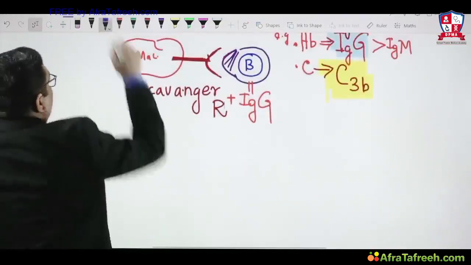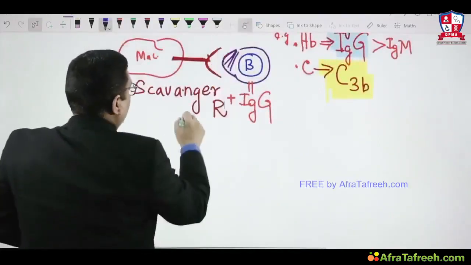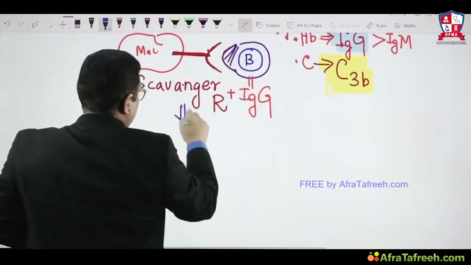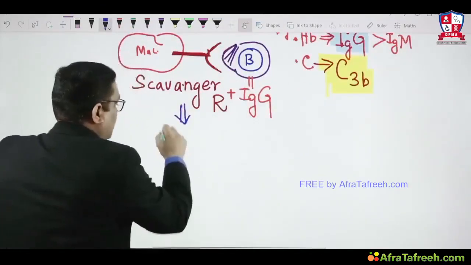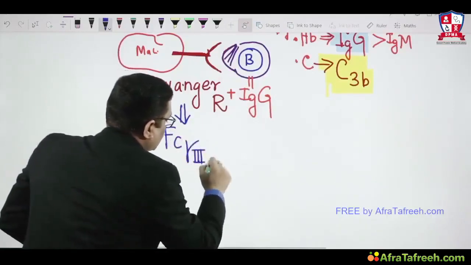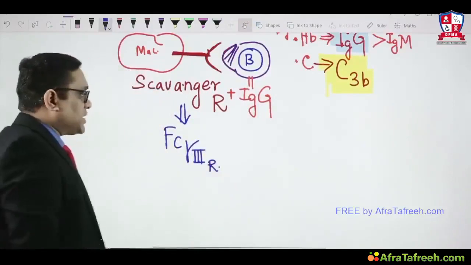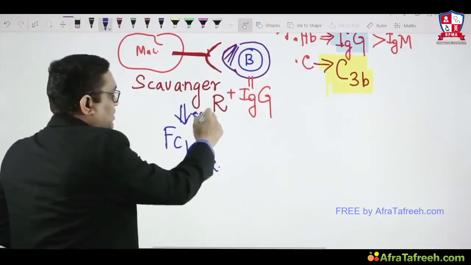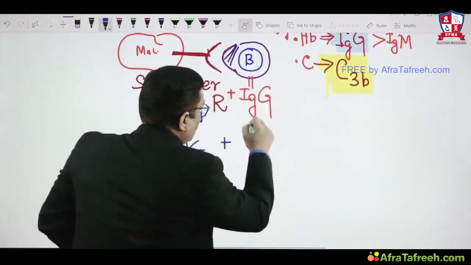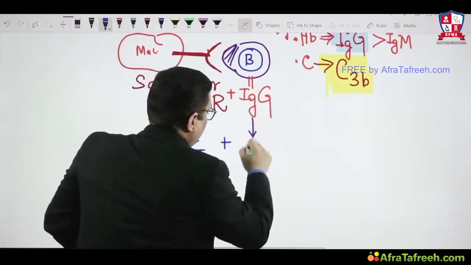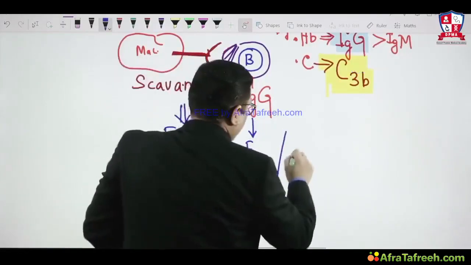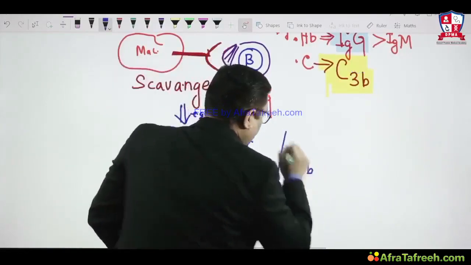Here I will tell you the exact language in the AIIMS exam. There is a family of scavenger receptors given in the exam, the Fc gamma 3 receptor. These are examples of scavenger receptors. The Fc gamma 3 receptor will combine with the Fc fragment of immunoglobulin, or it may combine with complement C3b.